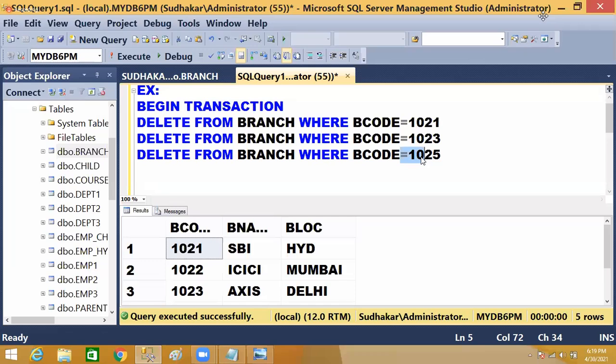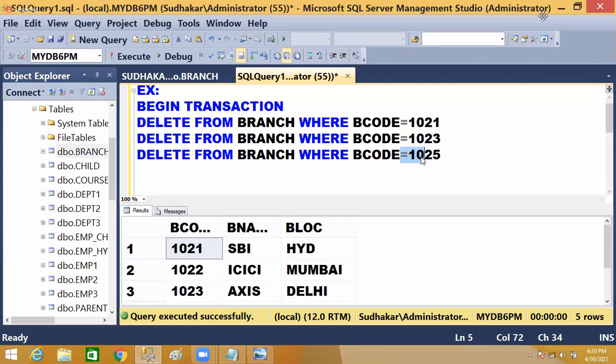But after deleting multiple records from the table, I want to roll back only a specific row of data. So 1021, 23, 25 I deleted. But later on, out of these three rows, I want to roll back only one specific row which I want. That only I want to roll back.